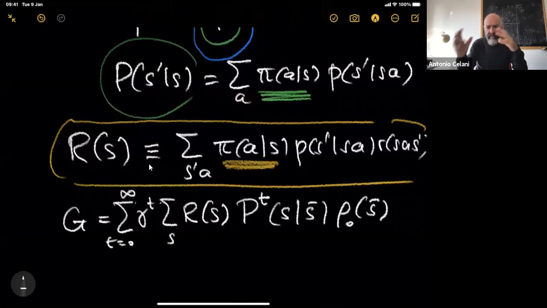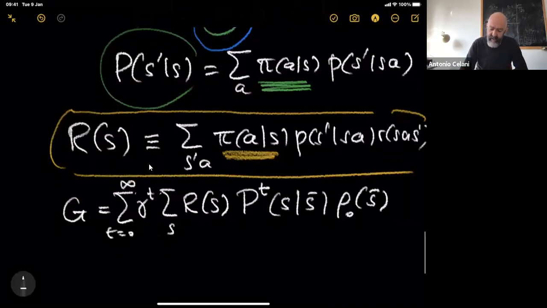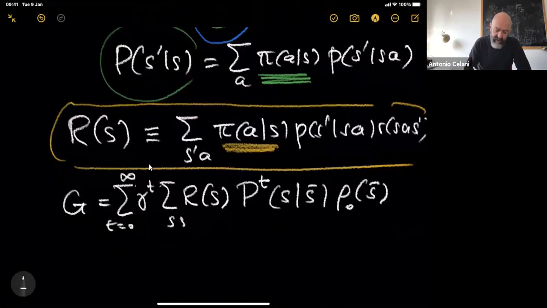I'm just for now fumbling with the definitions in order to rearrange this object. But now, sorry, there is also a sum over s bar here.